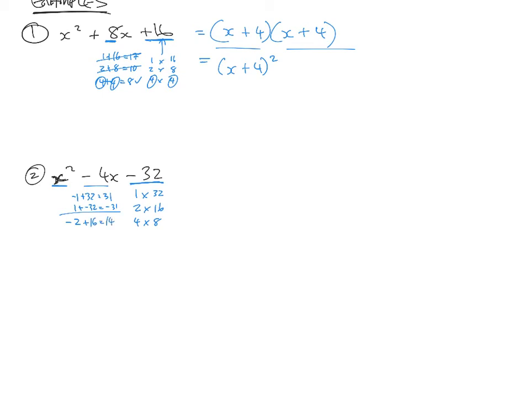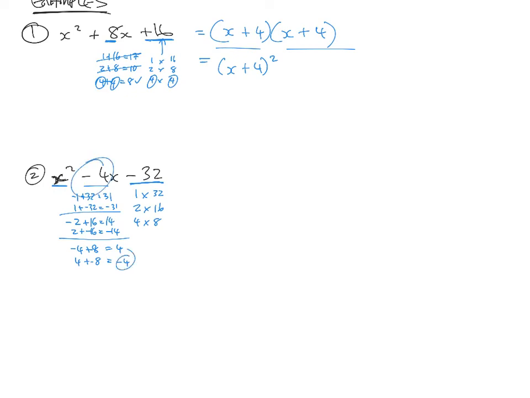What if I had 2 plus negative 16? That would be negative 14, so no good either. What if I did negative 4 plus 8? That would be positive 4. What if I had 4 plus negative 8? 4 take 8 would be negative 4, which is what p is there.